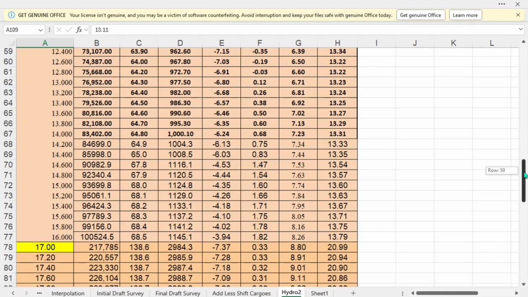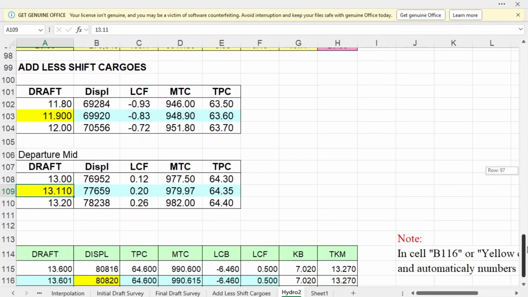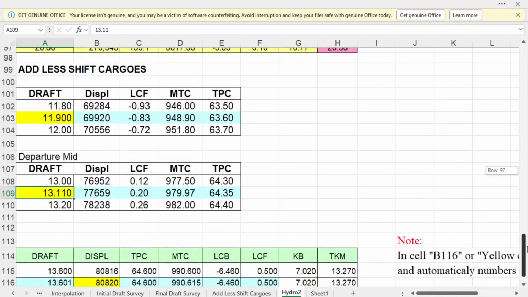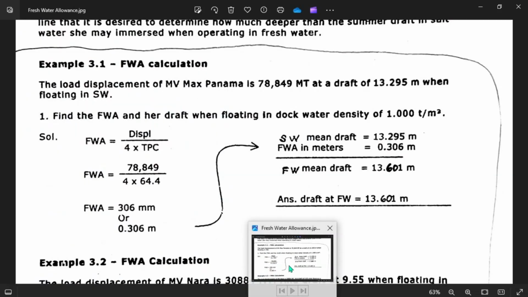But we have a program for interpolation. So you put here 13.25, and what will be the displacement?